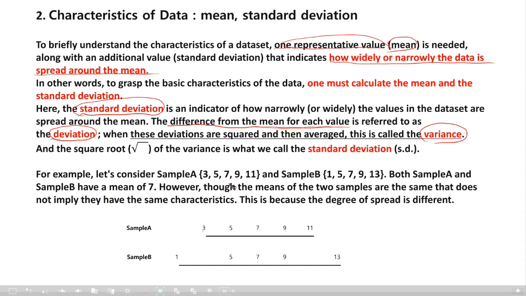The mean of these 5 numbers is 7. The mean of these 5 numbers is also 7. But we don't say those two samples A and B have the same characteristics because the degree of spread is different. As you see, the degree of spread is different.